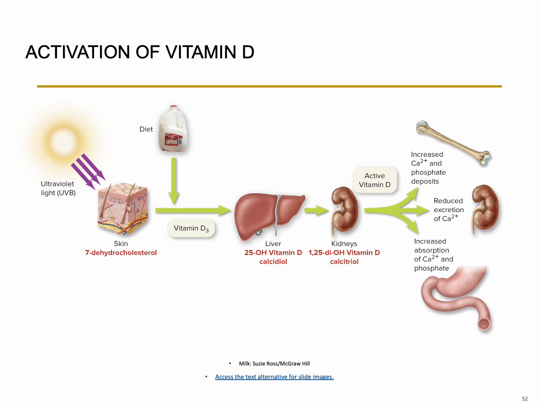So it travels to our digestive tract and sends a signal, hey, we need to increase absorption of calcium and phosphorus. It travels to our kidneys and says we need to reduce excretion of calcium, and it can travel to our bones and say, hey, we need to release some calcium and phosphate.